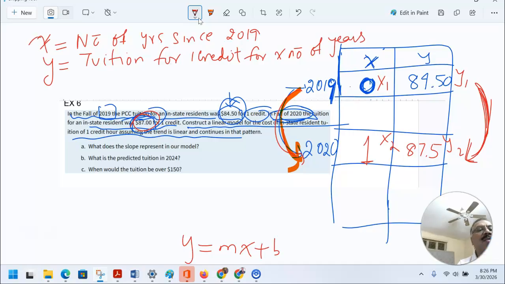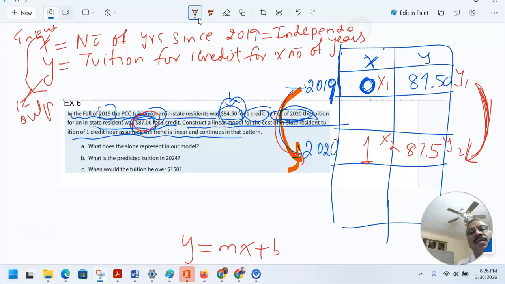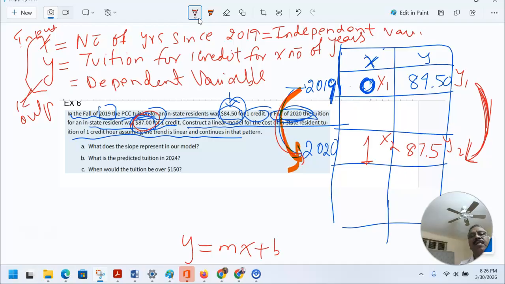Okay. So this is the input and output. So the independent variable, this one is independent, because the tuition fee depends on how many years have passed since 2019. And this is the dependent variable. So you better understand input and output. So all you do is the same thing we did with numbers.